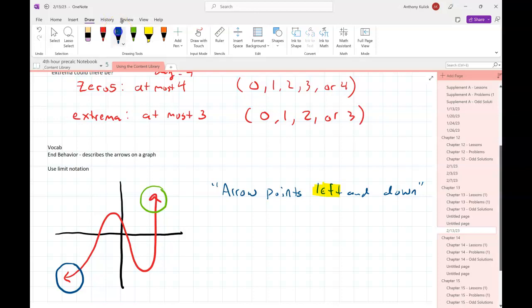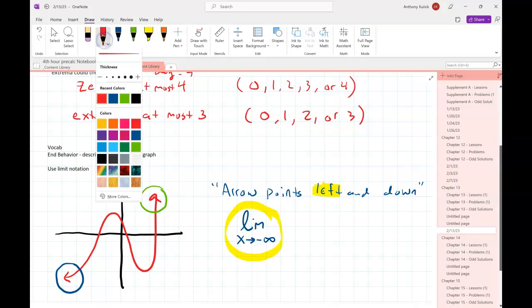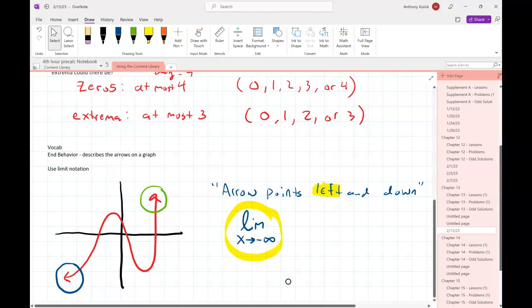So the left part, the way I'm going to write that, is I'm going to write the letters L-I-M. That's short for limit. And then x approaches negative infinity. That's just how we write left in limit notation. Then we write the name of our function.